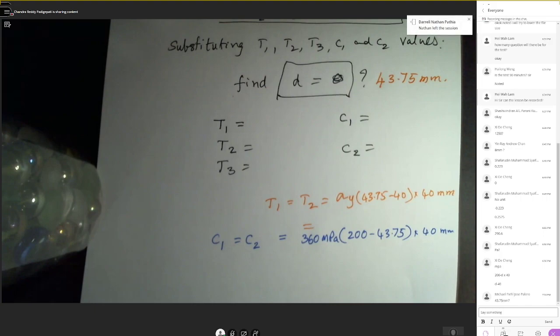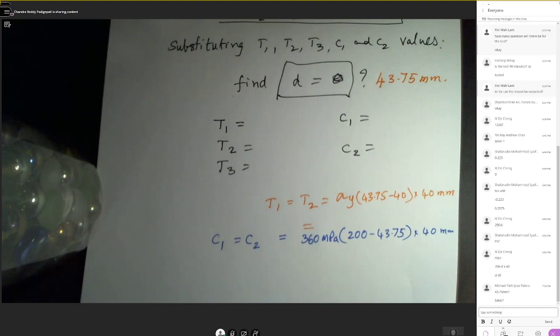Guys, any answer for T1 and T2? 54 kilonewtons.